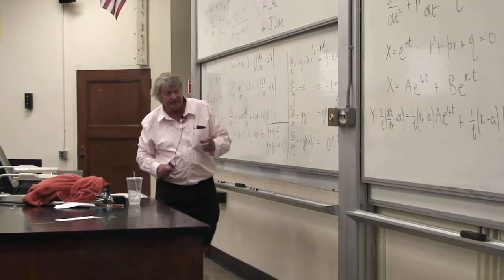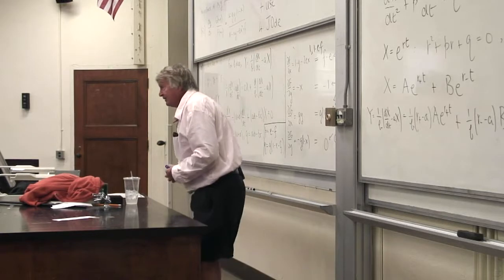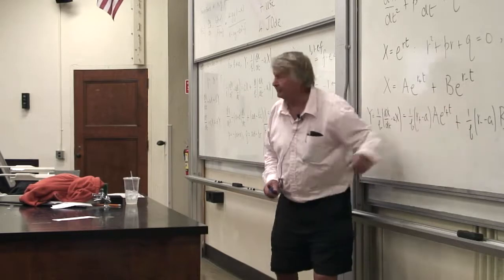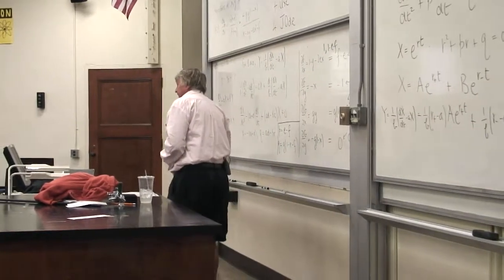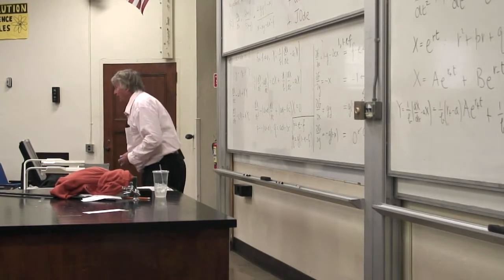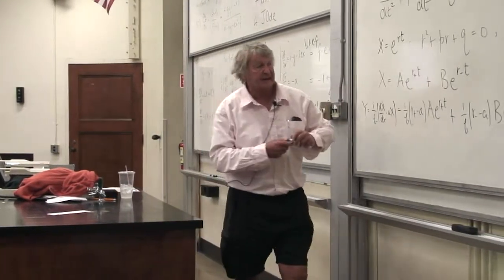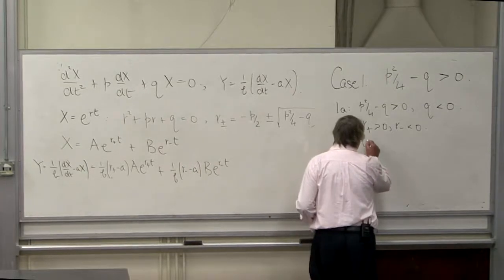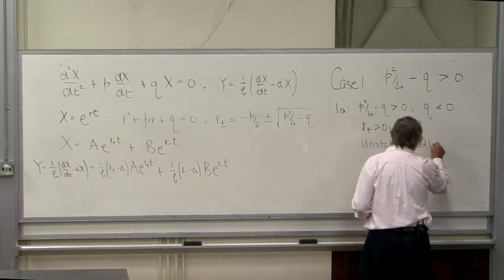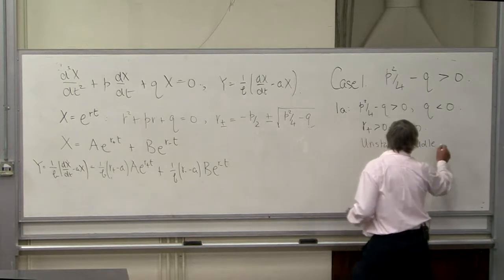If I chose initial conditions such that the a vanished, then capital X, capital Y would decay because r minus is negative. It would decay as time rolled forward. That we call the stable manifold. This is an unstable saddle. I'll come back next day, we'll talk a little bit more about stable and unstable manifolds. Unstable saddle point.